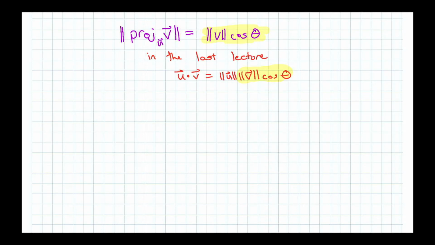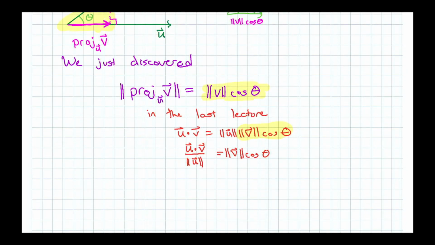When you do that, you get that magnitude v cosine theta is equal to u dot v over magnitude u. That is what the projection is equal to.